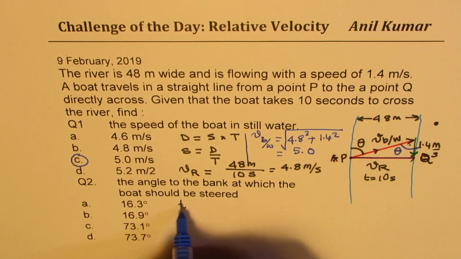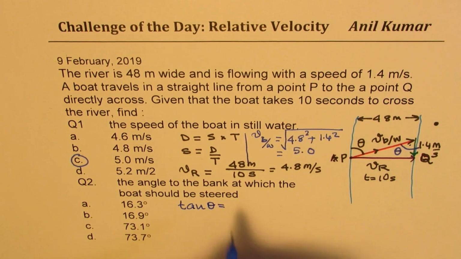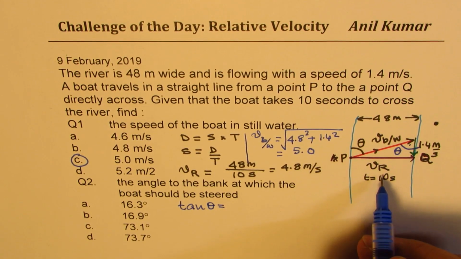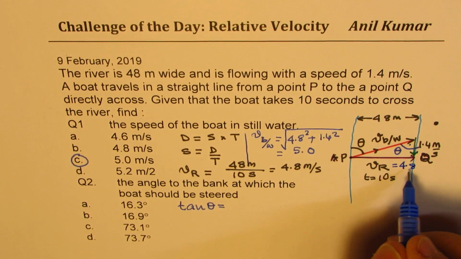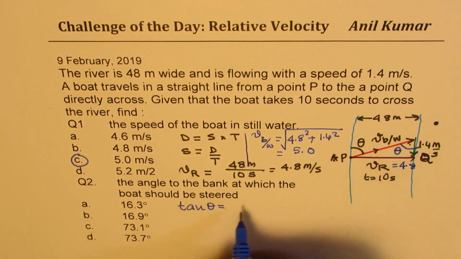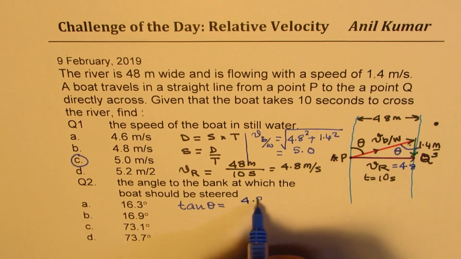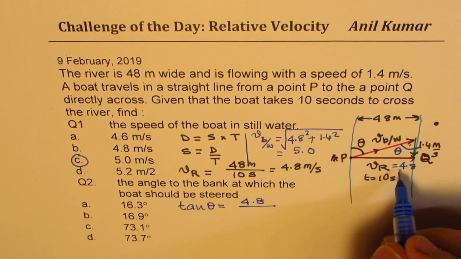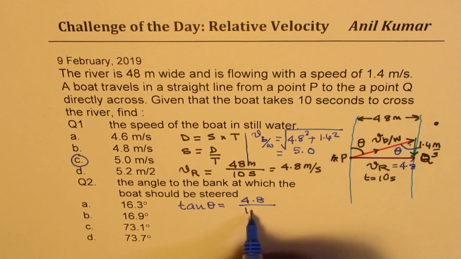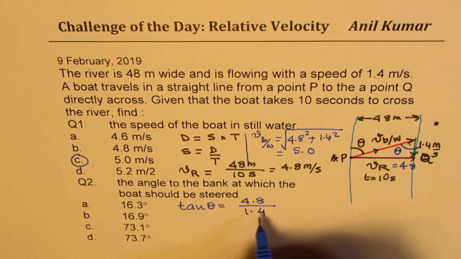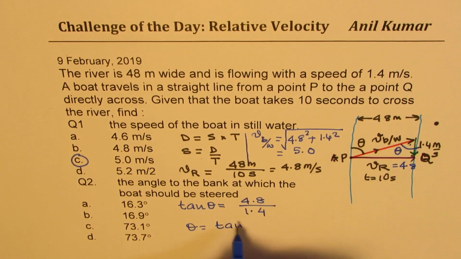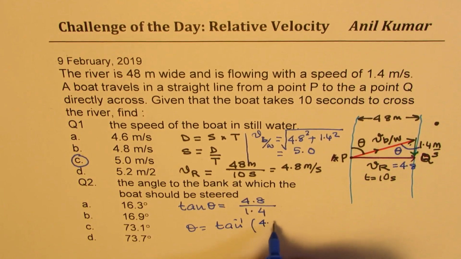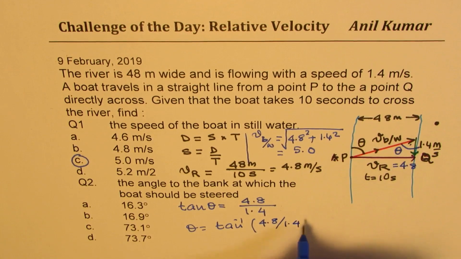So we can say tan theta is the ratio of the opposite side, which in our case is 4.8, not the time, right? We are looking into the velocities, the speeds. So it is 4.8 divided by 1.4. So theta is tan inverse of 4.8 divided by 1.4.